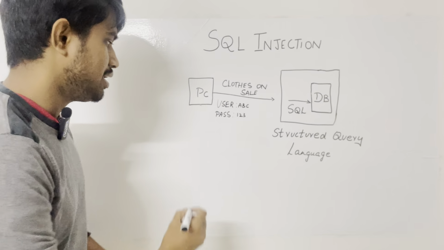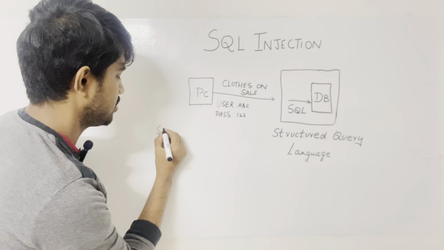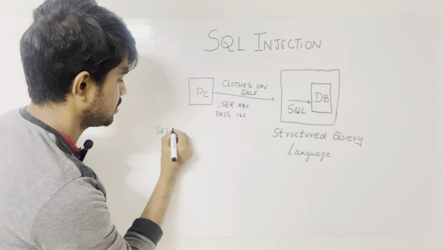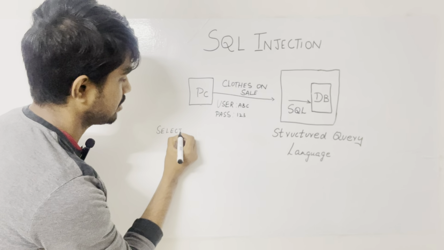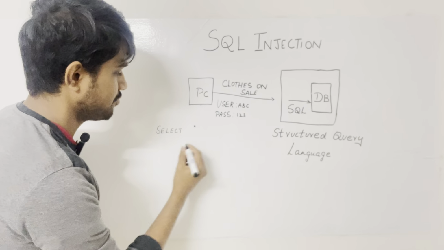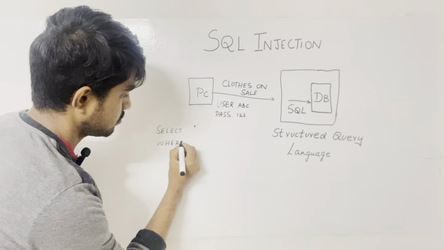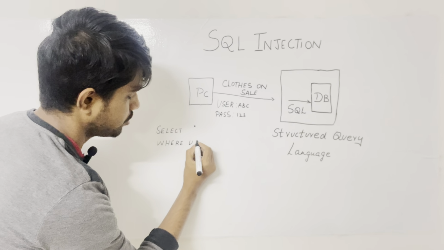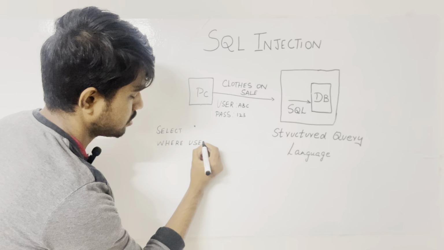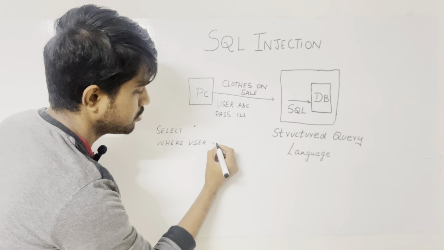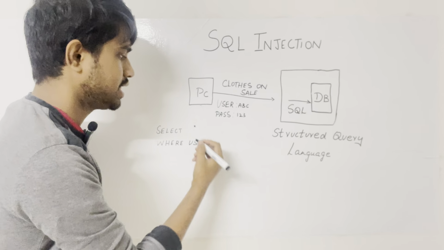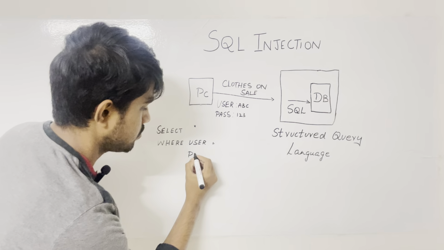So how your query looks: select star, whatever you are accessing, where user is equal to whatever your username is and password.